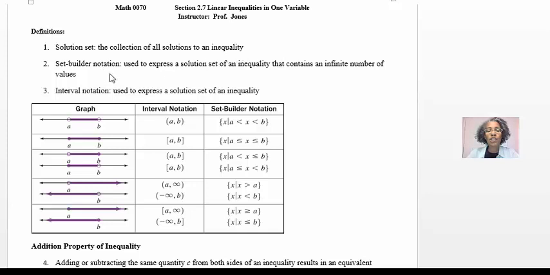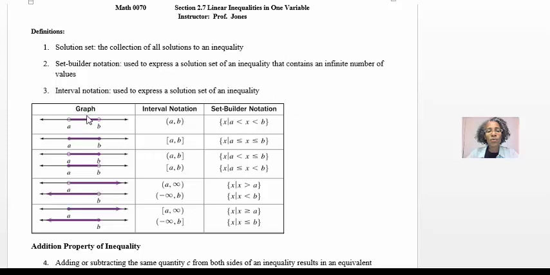Set builder notation is one of the ways we use to express a solution set of an inequality that contains an infinite number of values. Interval notation is another way that we express a solution set of an inequality that contains an infinite number of values.